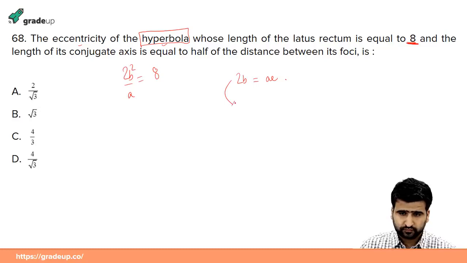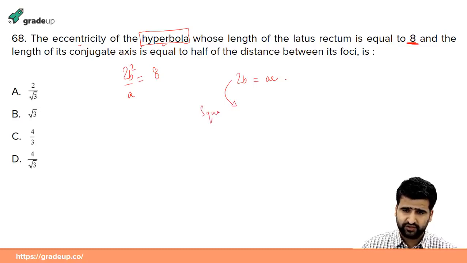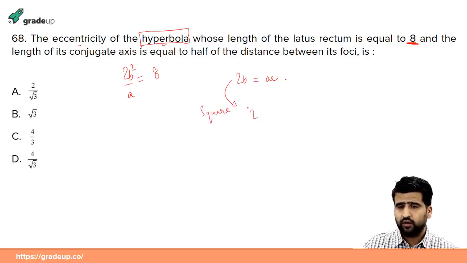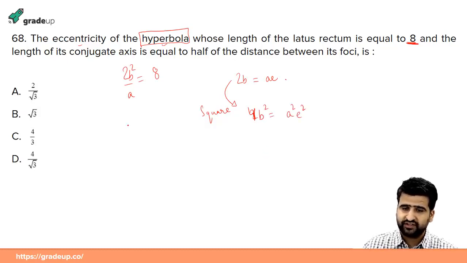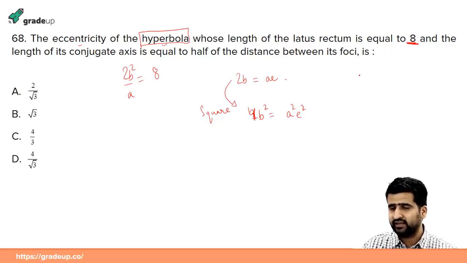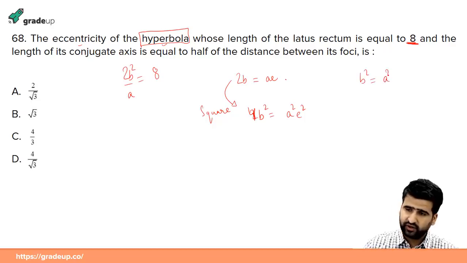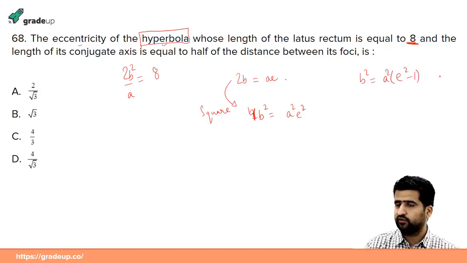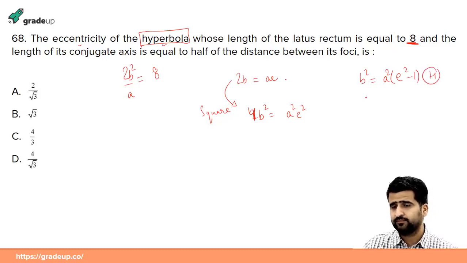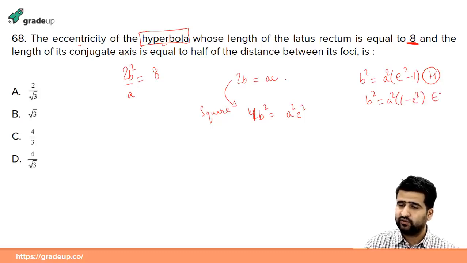So if you square this equation, you get 4b square is equal to a square e square. And we also know a relation between b, a and e, which is b square is equal to a square times e square minus 1. So this is in the case of hyperbola, and b square is equal to a square times 1 minus e square in the case of ellipse.